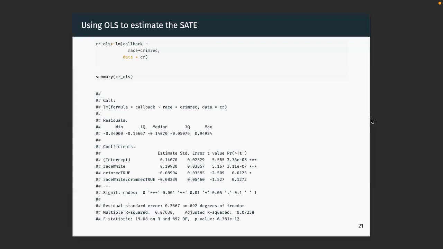So t equals roughly 0.199 divided by 0.038, which equals, what does it say, 5.6 or something? T is the number of standard deviations away from 0 that our estimate is. How many standard deviations away is it from 0?